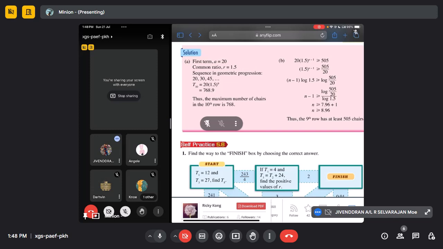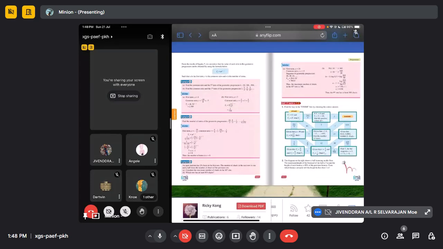Okay, for question B, which row has at least 505 chairs?